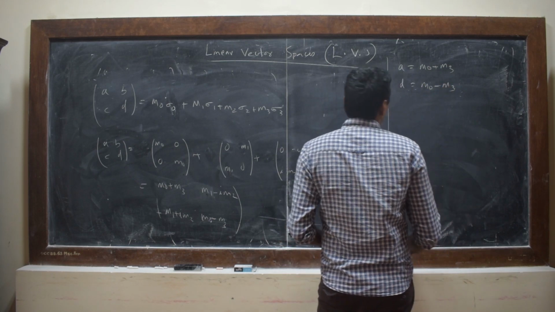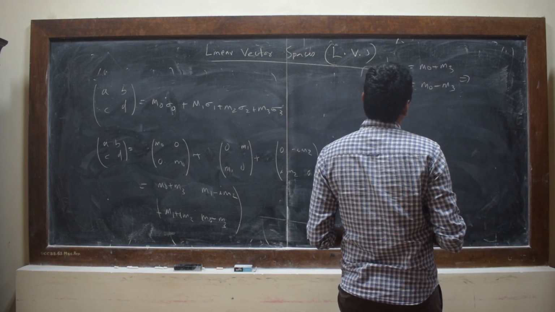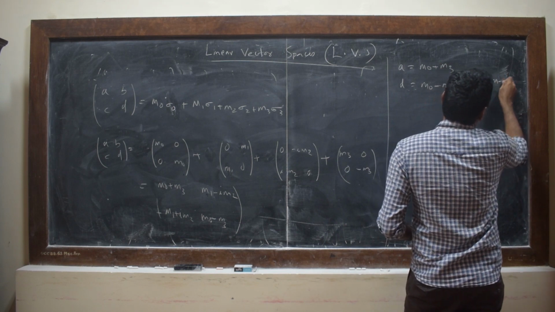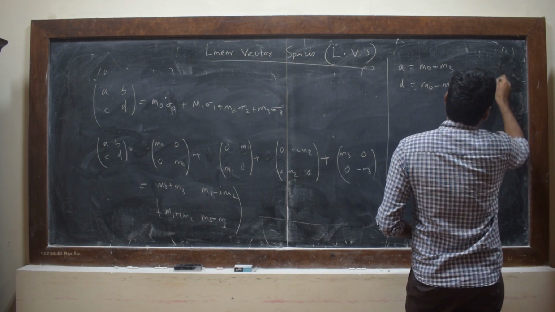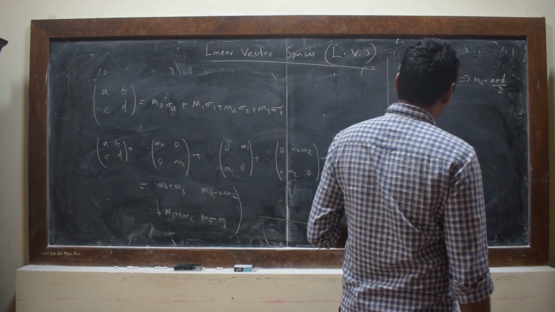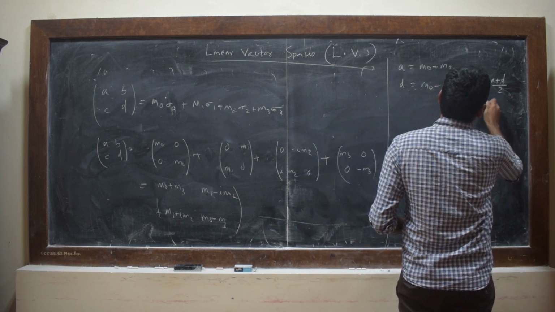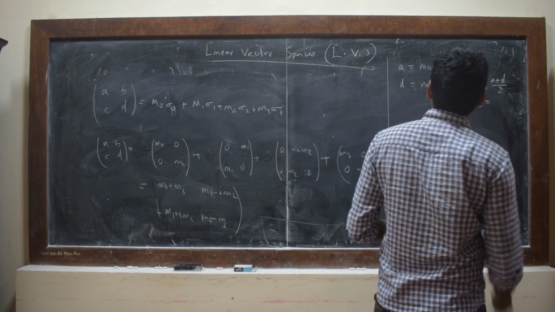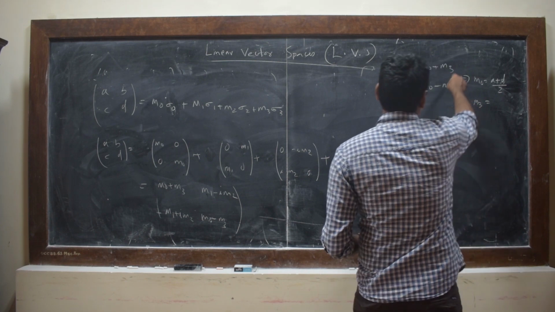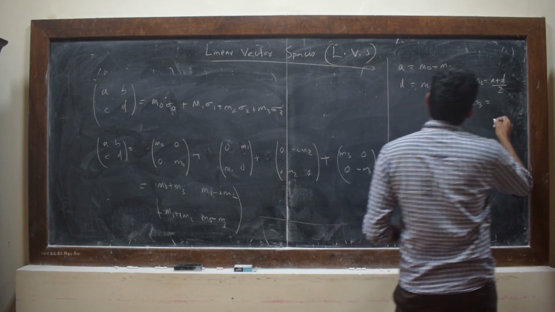This implies that m0 is equal to (A plus D) by 2, and if you subtract, 2 m3 is A minus D, so m3 is (A minus D) by 2.